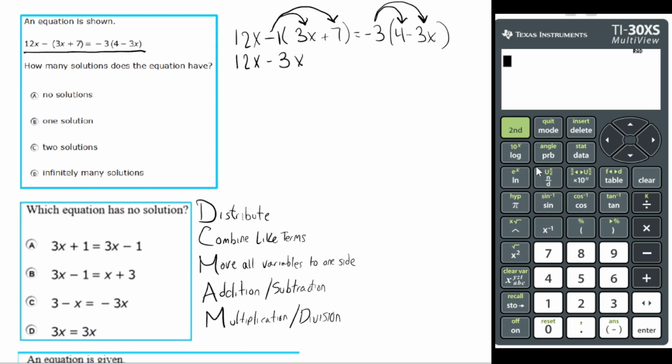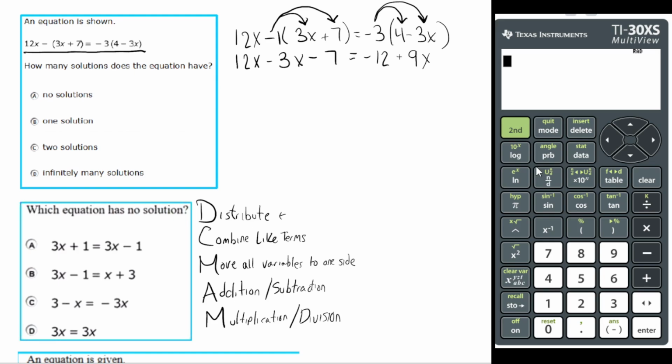All we're doing is changing the sign. Negative 1 times 7 would be negative 7 equals negative 3 times 4 is negative 12, and negative 3 times negative 3x would be positive 9x. Remember, distribution is always, always, always multiplication.